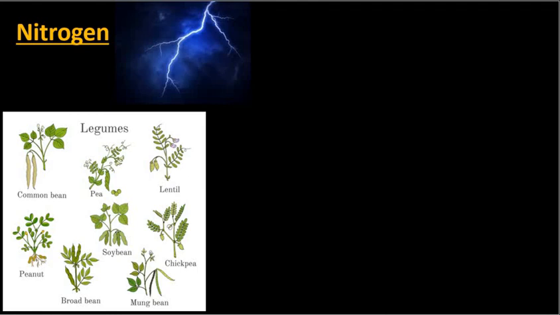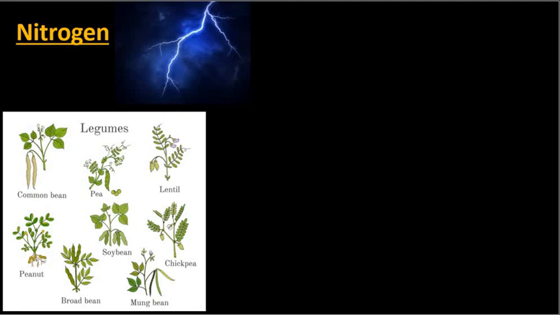Some of those things are called legumes. And you can see they are specifically types of plants. If you know your plants pretty well, you'll see that all of these are types of beans or something like a bean. They're not really beans, but they kind of look like them.